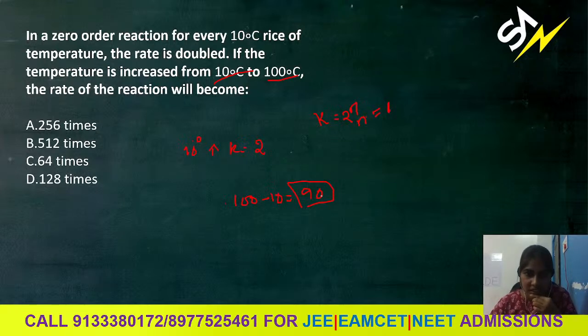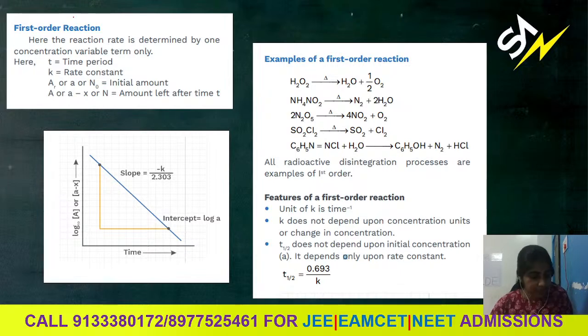Here the difference is 90 degrees, so it is 9 times 10. It means the n value will be 9. So to calculate the rate of reaction, it will be 2 to the power of 9. This is equal to 512. 2 power 9 is 512. So if the temperature is increased from 10 degrees to 100 degrees centigrade, the rate of reaction will be 512 times.